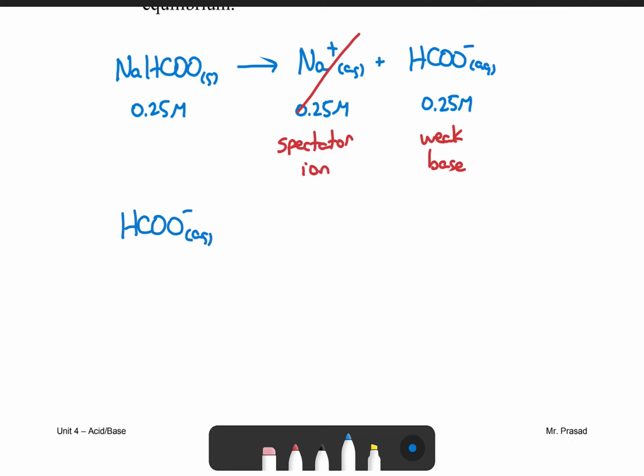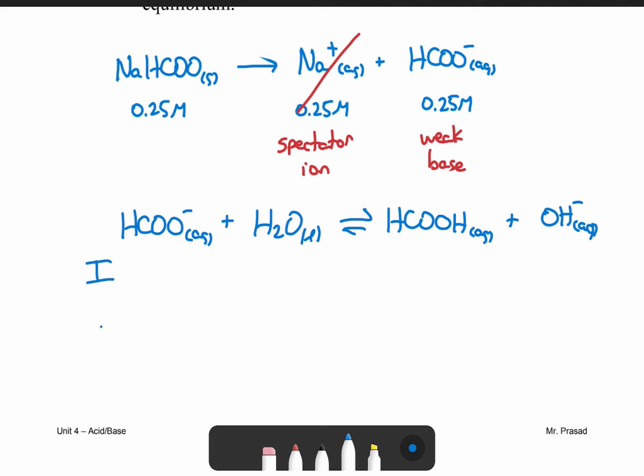Because it is a weak base, we can write a Bronsted-Lowry equilibrium, and just like weak acids, weak bases will be solved by using an ice table.